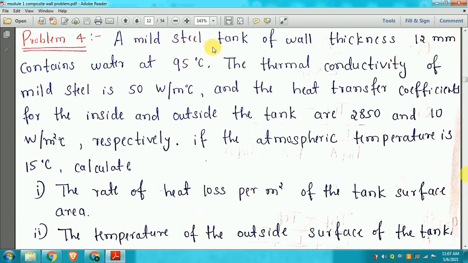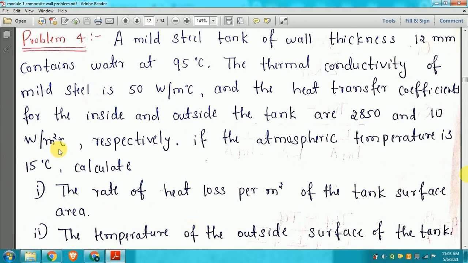A mild steel tank of thickness 12 mm contains water at 95 degrees Celsius. The thermal conductivity of mild steel is 50 watt per meter degree Celsius, and the heat transfer coefficients for the inside and outside of the tank are 2850 and 10 watt per meter square degree Celsius.